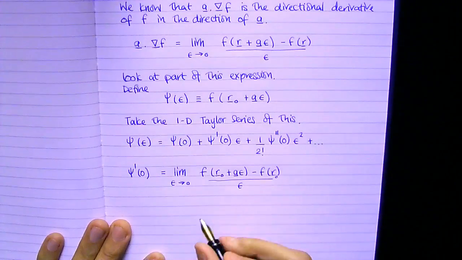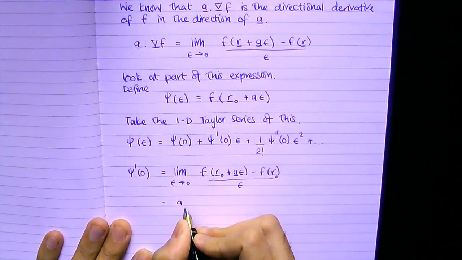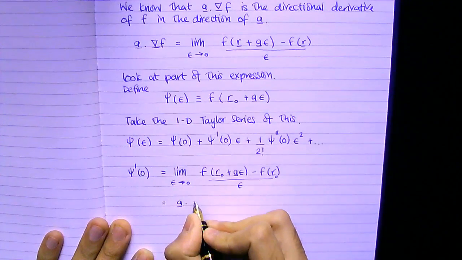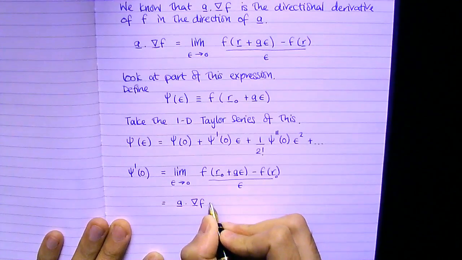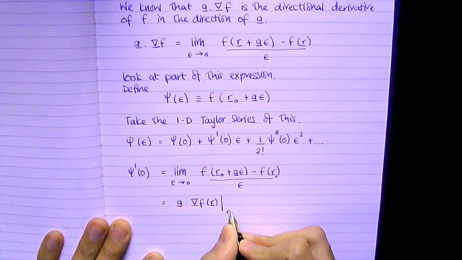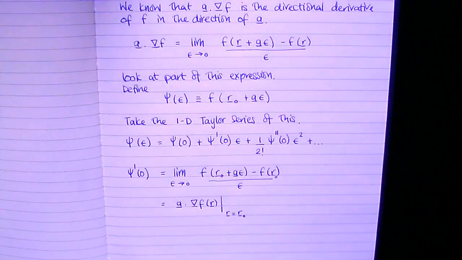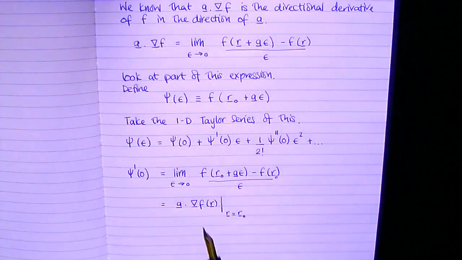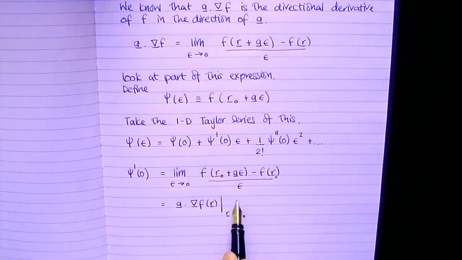So I can rewrite this as a dot the gradient of f, but now I'm going to evaluate it at the point r equals r0. Okay, and that's it. I'm going to say the first derivative of this is equal to this, evaluated at a particular point.